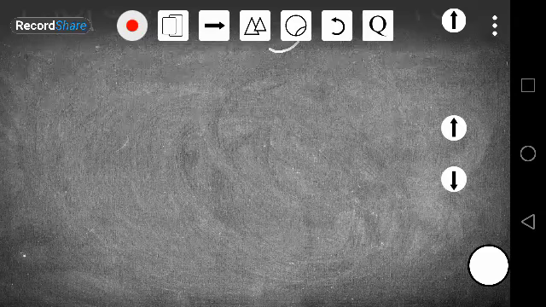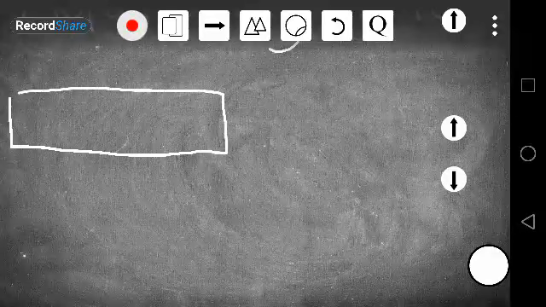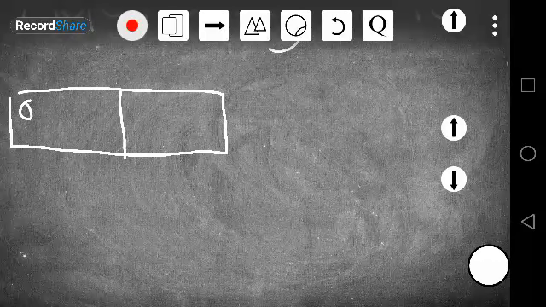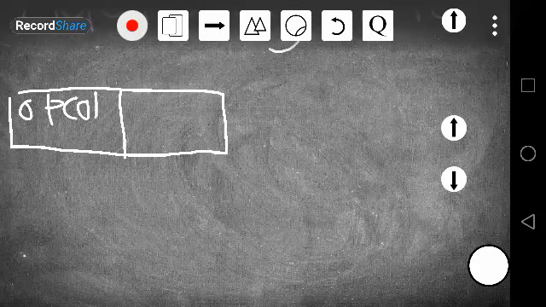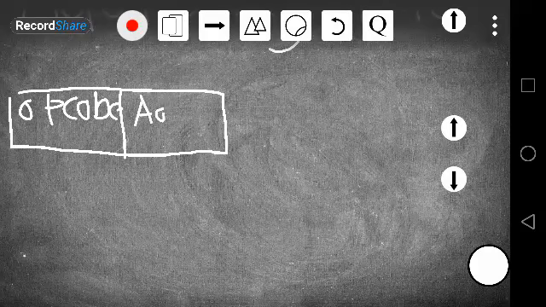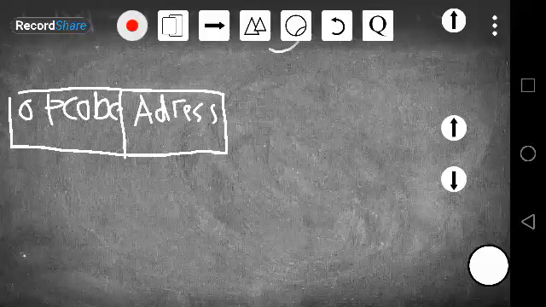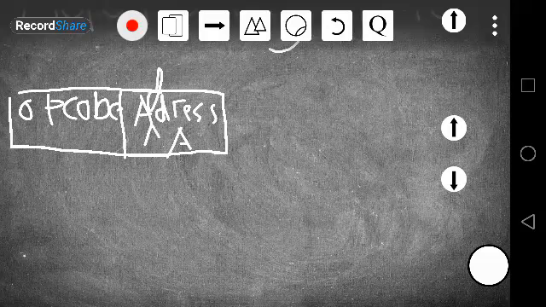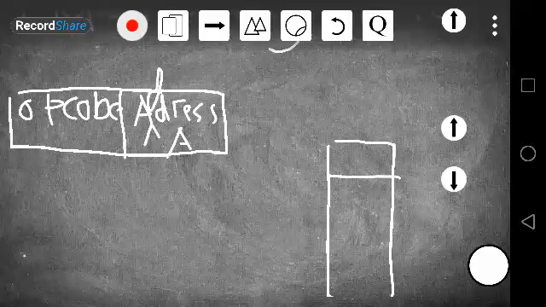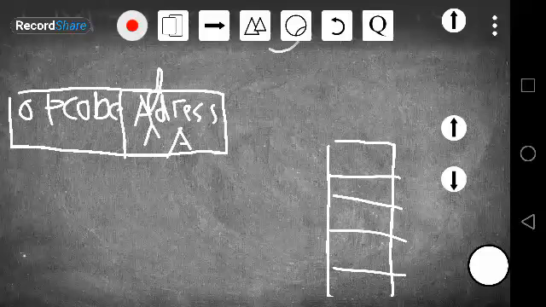What are we saying? We have the instruction. The instruction is the opcode and address A. Okay. And this one is the memory, locations 1, 2, 3. Okay.